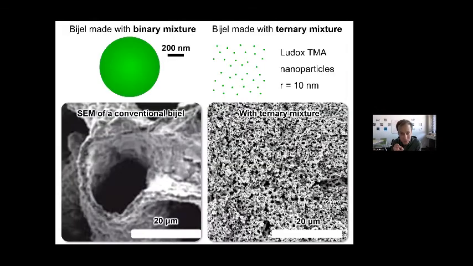And that's the reason, at least I believe, why in our lab currently we are able to make these bijels with nanoparticles, which allows us to give them nanostructured fluid bicontinuous channels. While with binary mixtures, you need to use large colloids that also result in very large bijel channel dimensions.